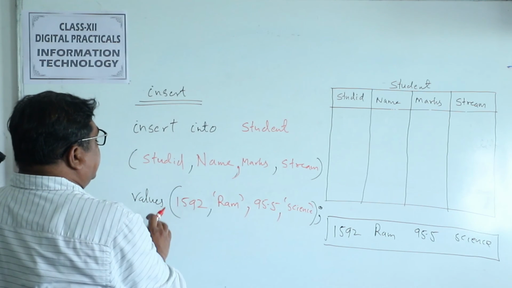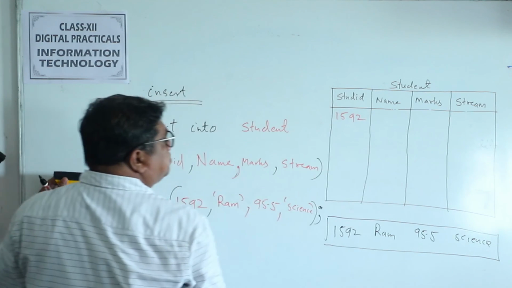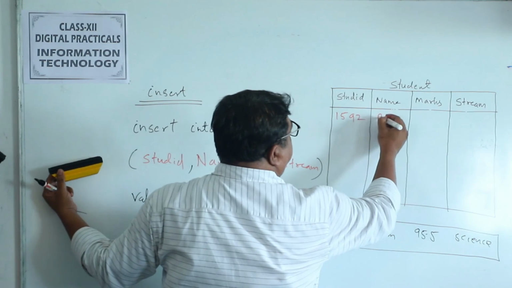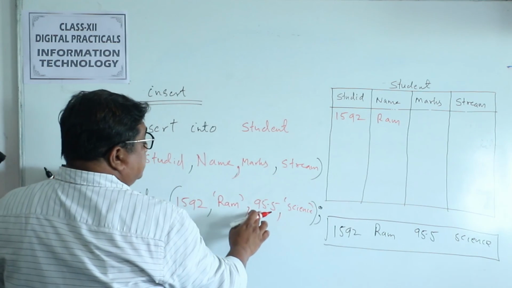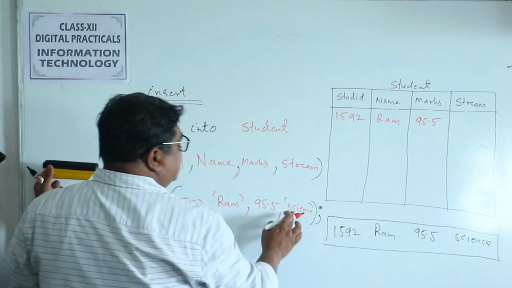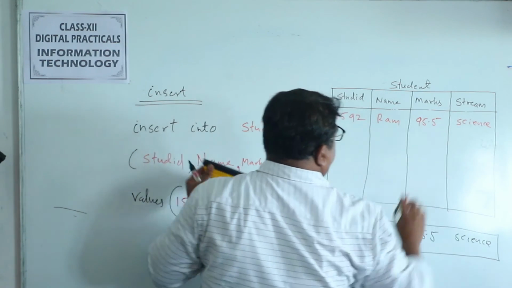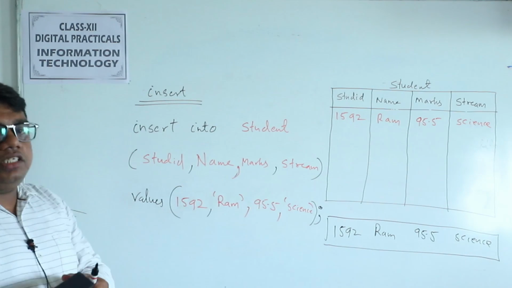So what will be our data now? So 1592 will be entered here. Then the name is Ram and 95.5 is the marks and the stream is science. Okay. So we have added the first row.